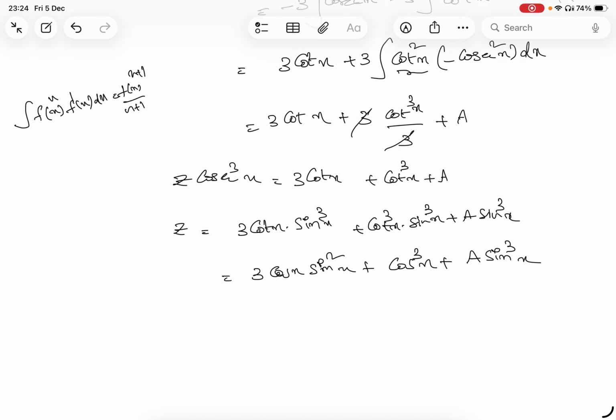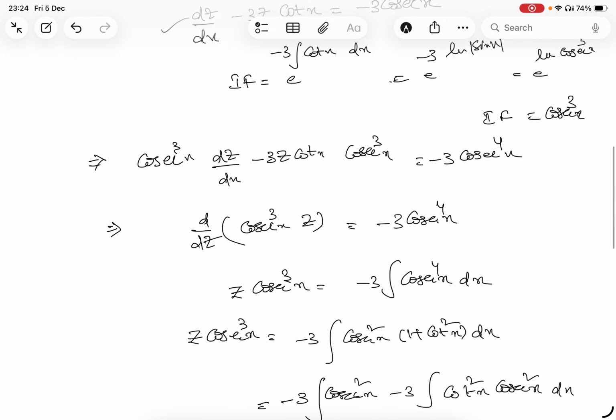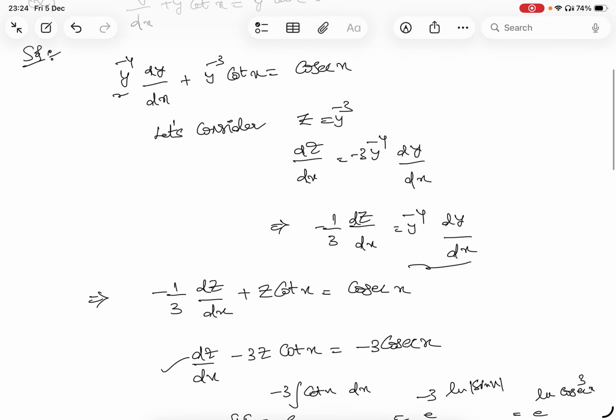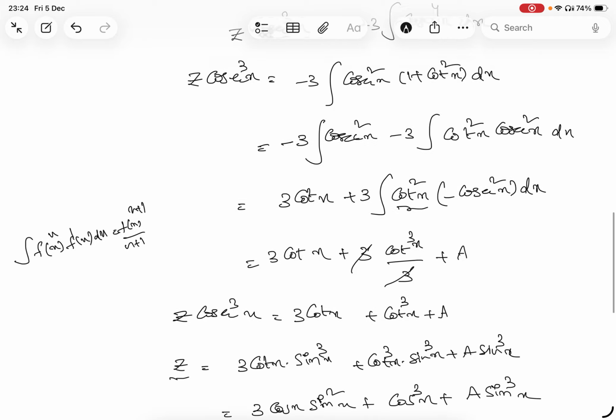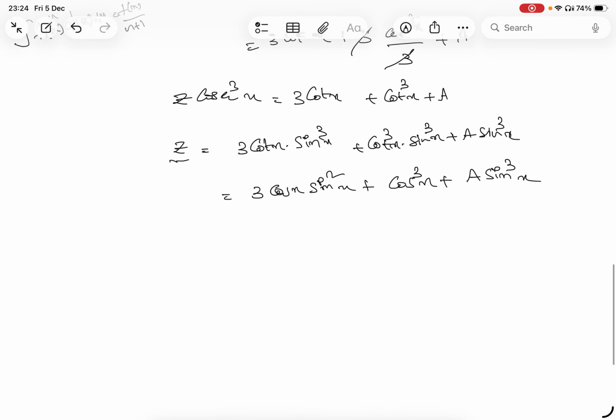Right? In the beginning, we have considered this z as y power minus 3. Fine. This can be written as 1 by y cube is equal to a sine cube x plus cos cube x plus 3 cos x sine square x.